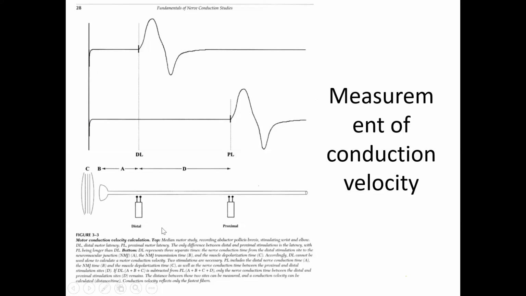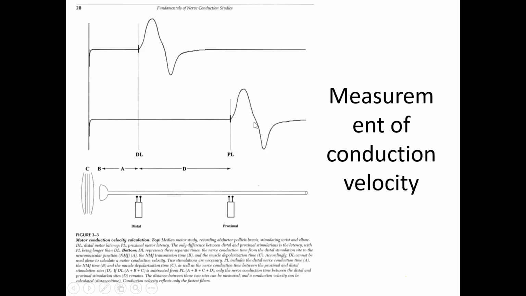Okay, so for example, for median motor study, recording APB, stimulating wrist and elbow. Here what we are discussing is this: this is the distance traveled by the electric potential, which is traveling from this latency to this latency.